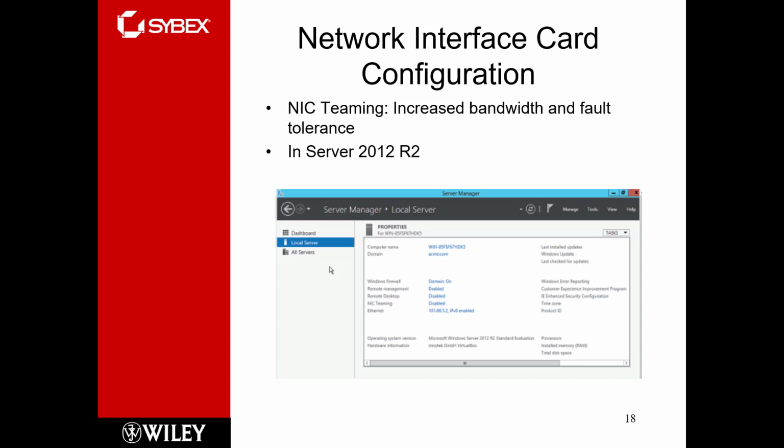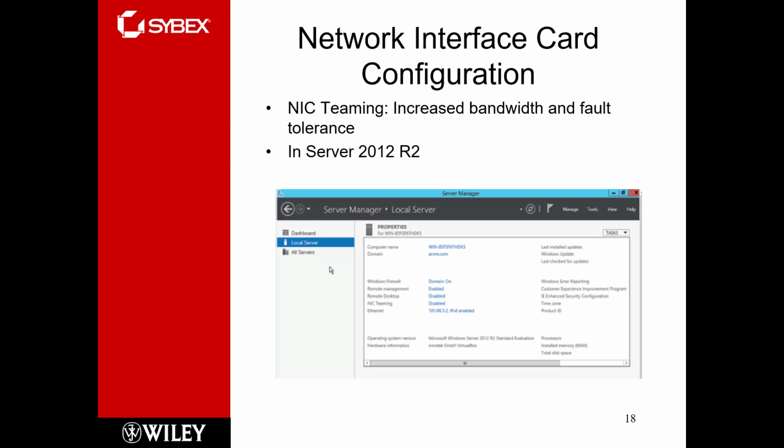If we're talking about configuration, here we have an older server using 2012, but the technology is still there, whether it's Server 2012, 2016, 2019, or even 2021. The process is called NIC teaming. Essentially, you can take two or more network ports and team them together. You can combine them, and this allows for increased bandwidth and a little bit better fault tolerance.